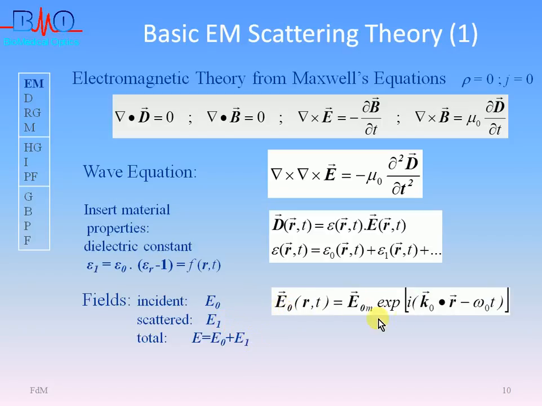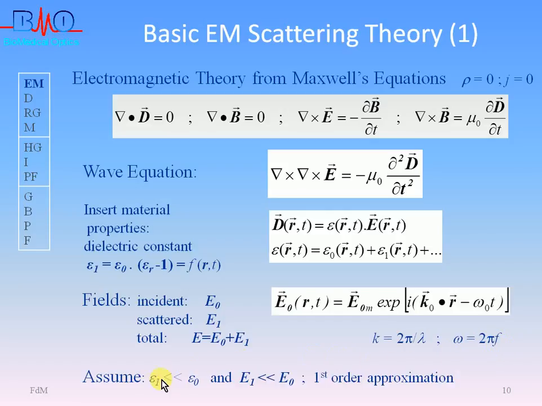The incident field is given by a phase factor with K0, a time dependent harmonic factor, exponent minus i omega naught t, and an amplitude and polarization factor. K is given by 2 pi over lambda, and omega is given by 2 pi f, the frequency.